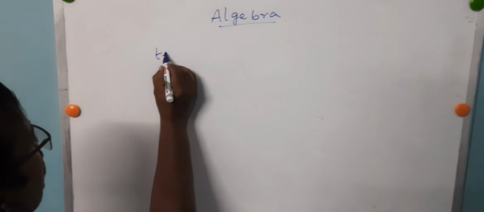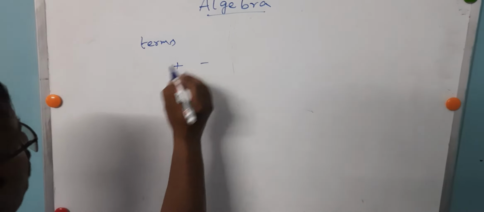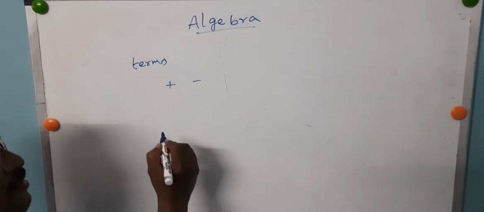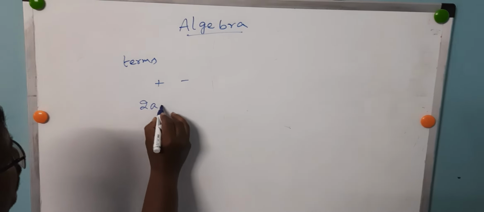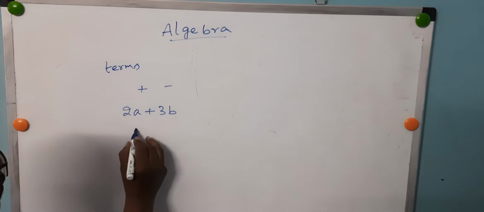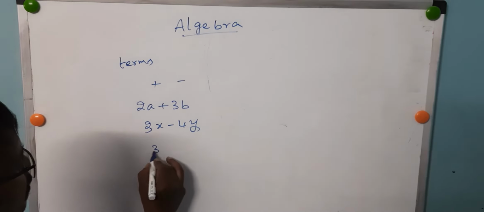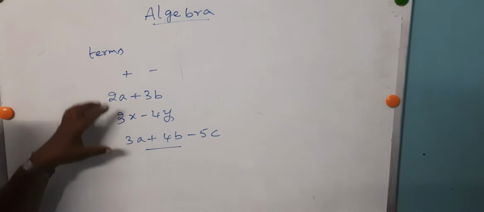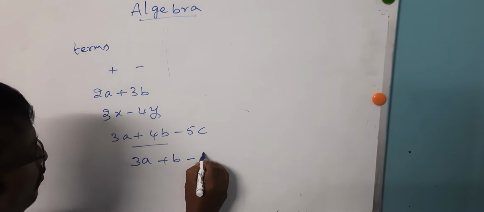When terms are together with plus or minus, for suppose 2a plus 3b, next 3x minus 4y, next 3a plus 4b minus 5c, 3a plus b minus 4.